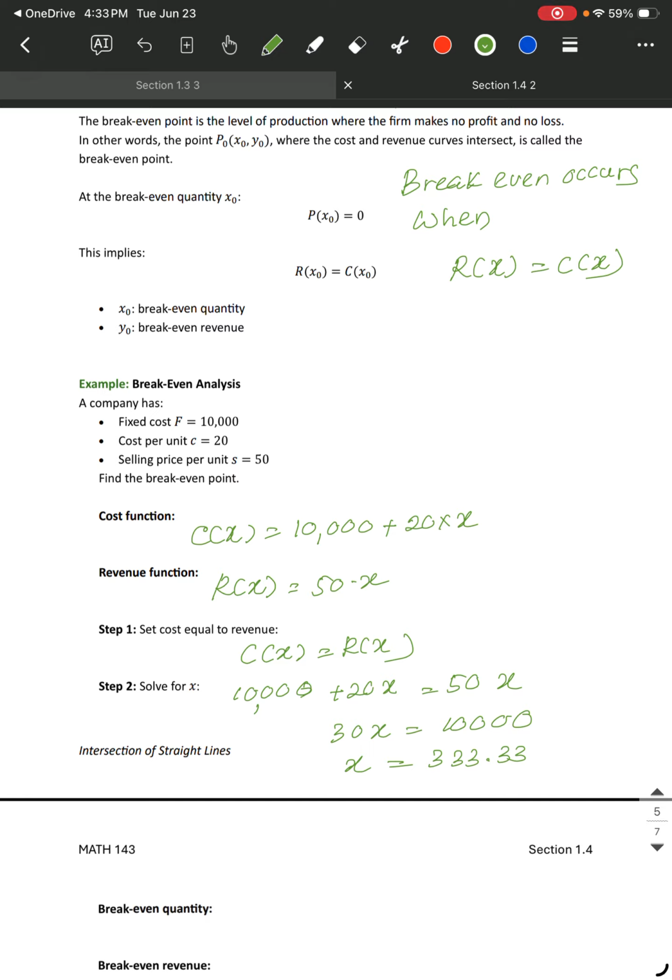If you have a whole number, then remain with that whole number. If not, round it up to the nearest whole number. The company must sell about 334 units before it starts making a profit.